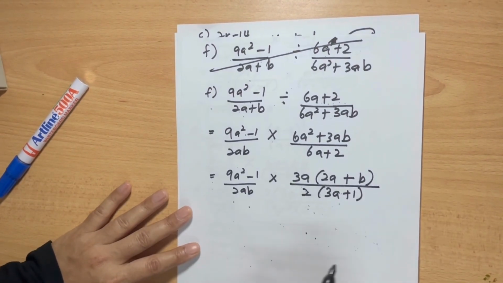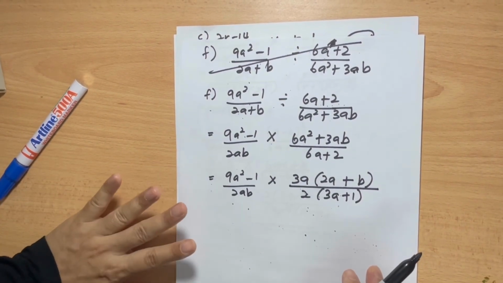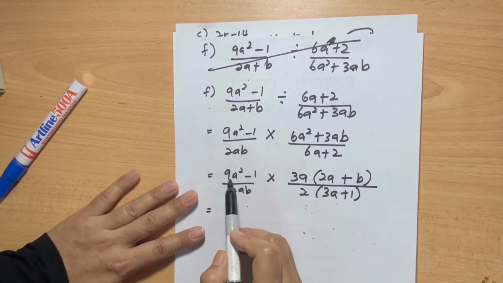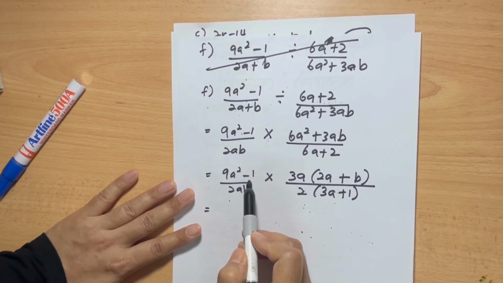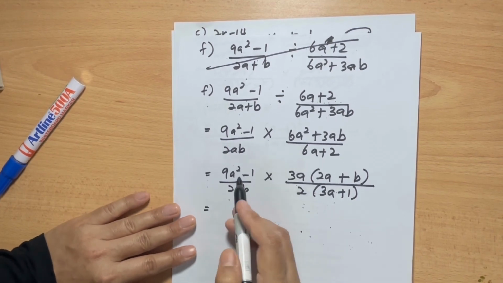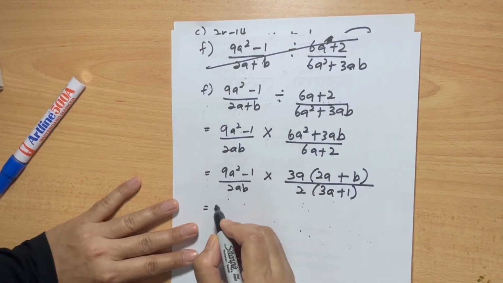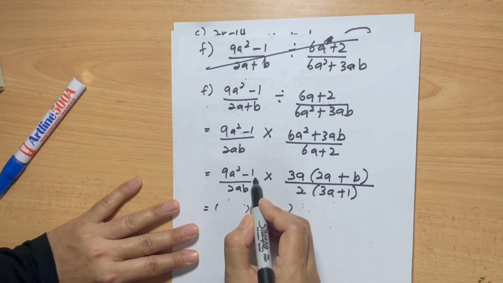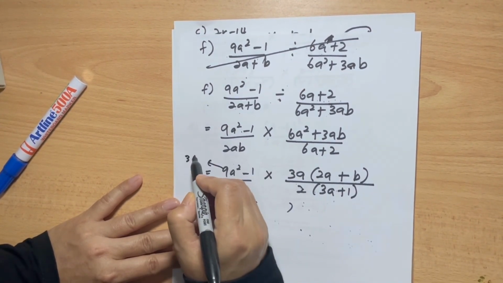Now we are going to do the cuttings. Which ones can we cut? When we look again at 9A square minus 1, we find out that we can factorize it actually. So we see if we can factorize or not. 9 is a square number, so 3 times 3.